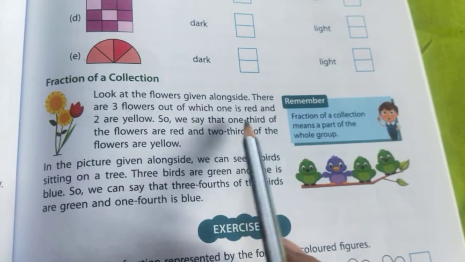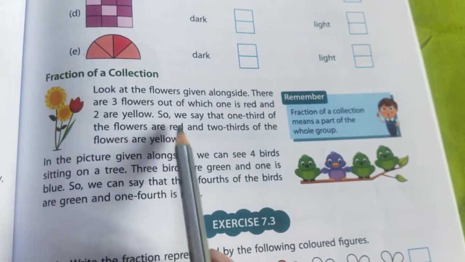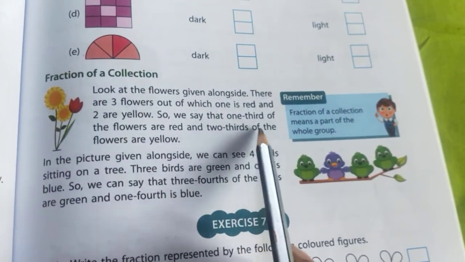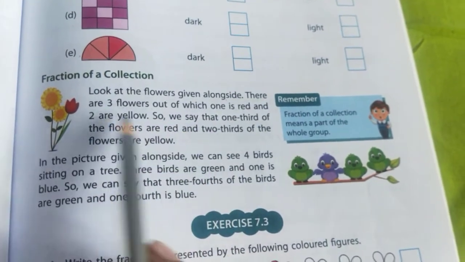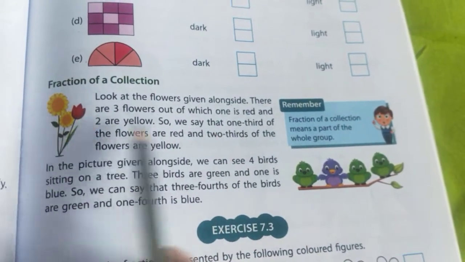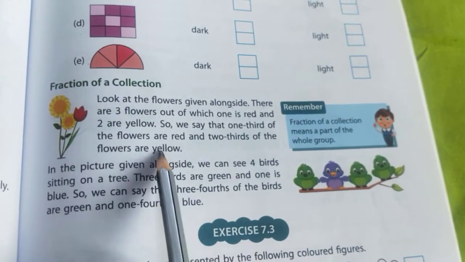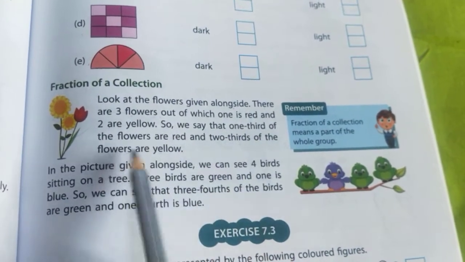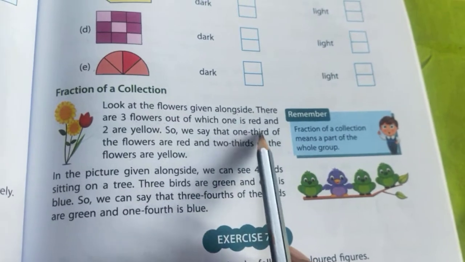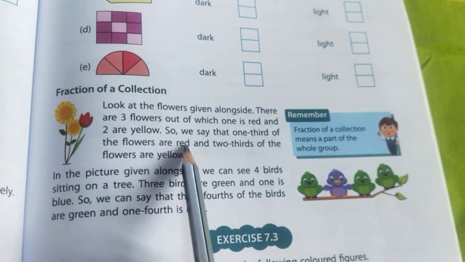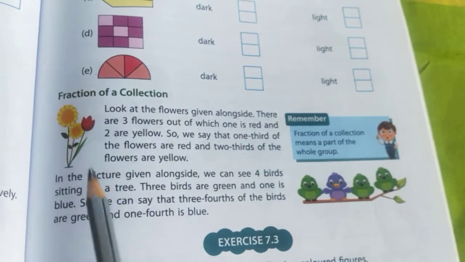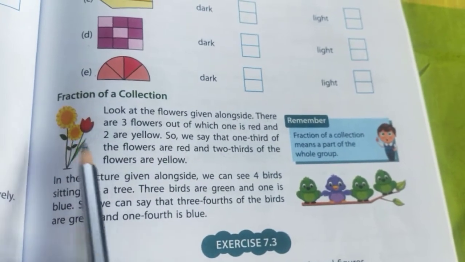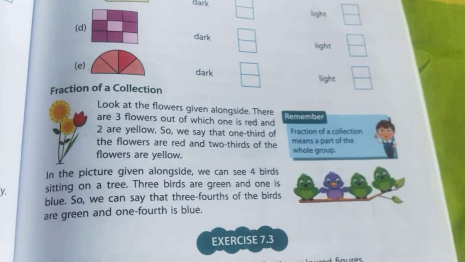So we say that 1/3 of the flowers are red and 2/3 of the flowers are yellow. That means 2 out of 3 flowers are yellow. 2/3 of the flowers are yellow, and 1/3 of the flowers are red. That means 1 out of 3 flowers is red. This is how you say it in fraction.